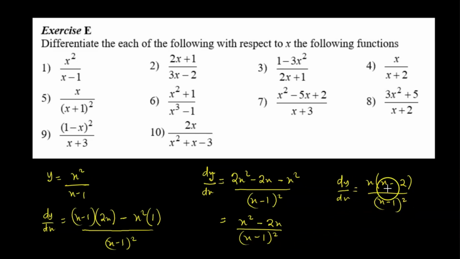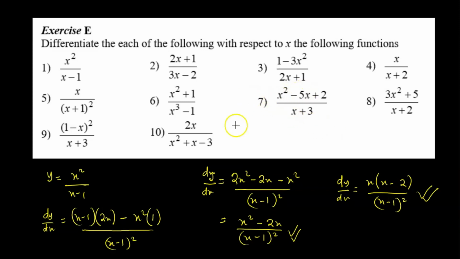So the answer might be left in this form or that form, or even the denominator can be expanded. Just be ready for anything altogether. But in all, the derivative of number 1, the answer is either this or that, and that is how simply you can do it. It is not necessary that you always expand the denominator because it has been raised to a given power. No, it's not always necessary.